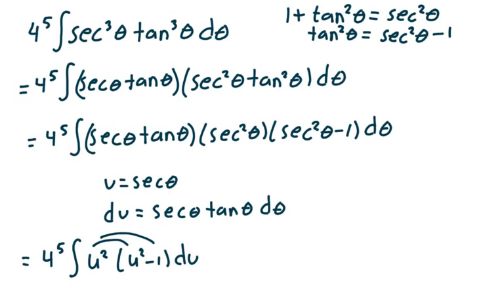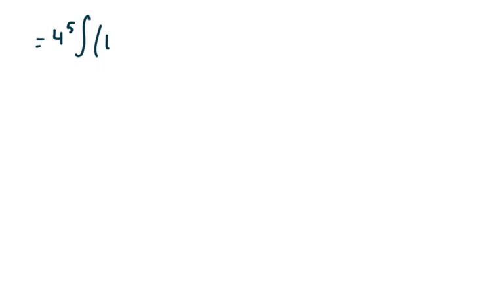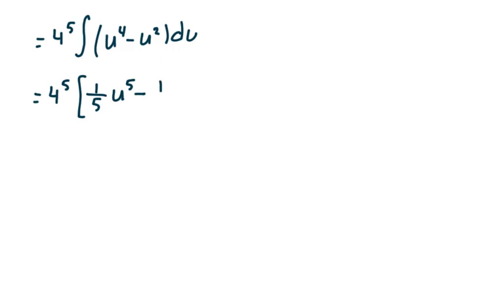So this is 4 to the 5th times the integral of u to the 4th minus u squared du. So this is 4 to the 5th times 1/5 u to the 5th minus 1/3 u to the 3rd plus c.